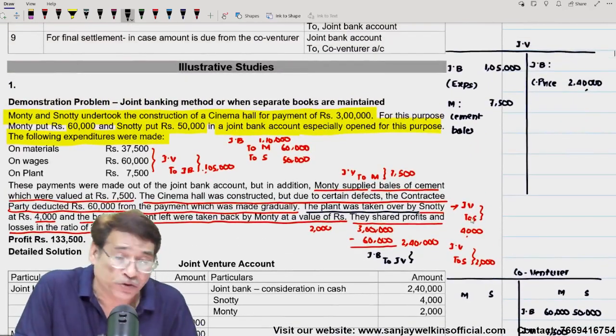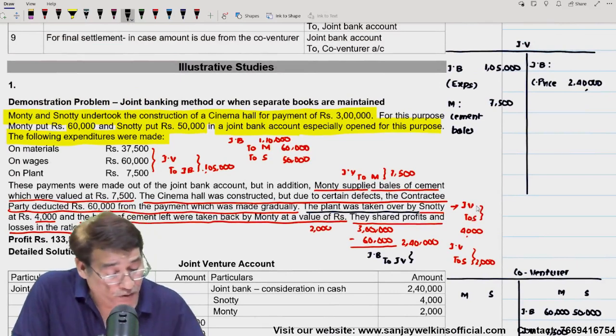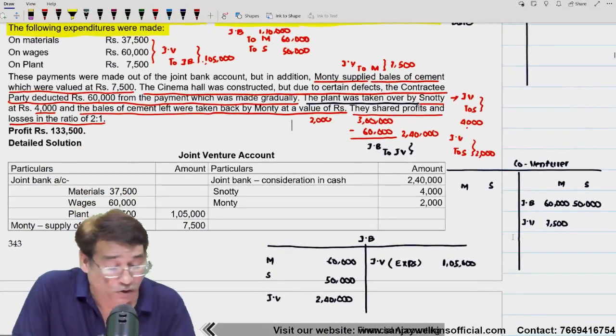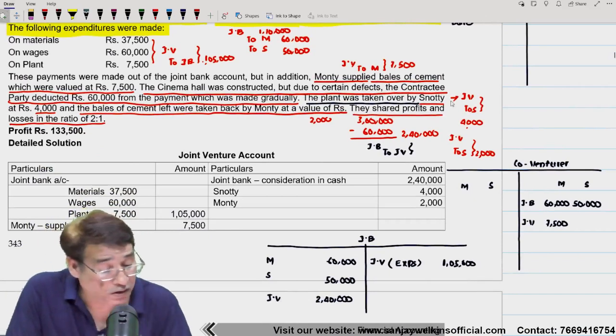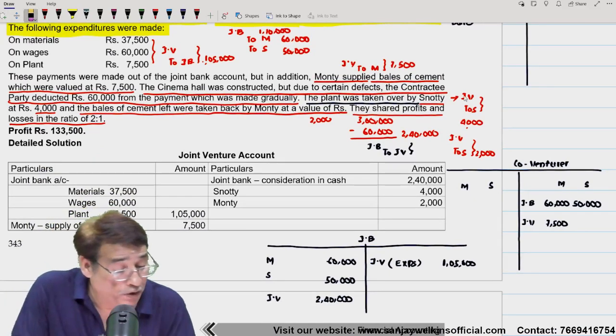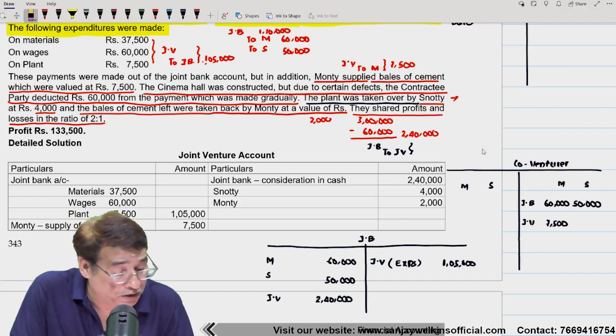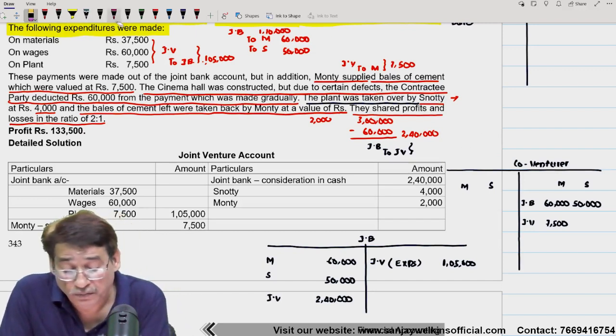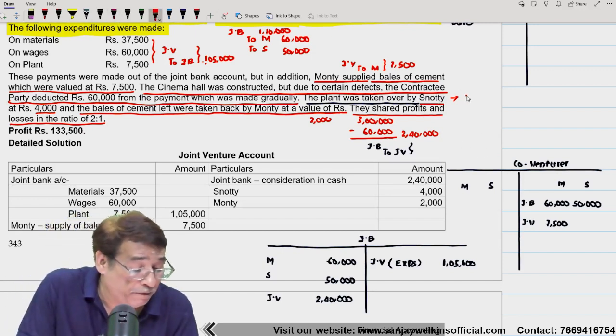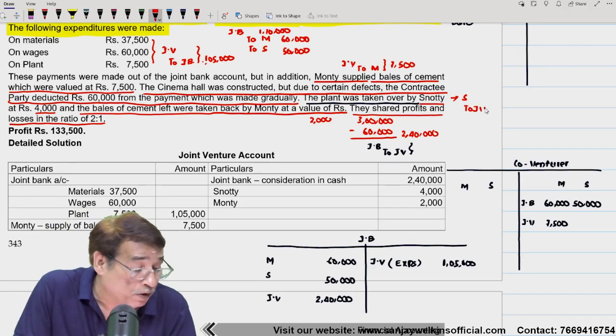Joint venture to Snooty. So actually this entry should not be joint venture to Snooty, just because the plant is being taken over. Just let me rectify it. Entry will be Snooty. Snooty is taking over. Snooty account debit to joint venture. So this will be your entry, 4,000, 4,000.